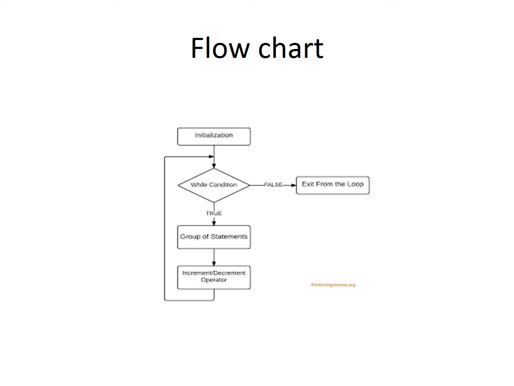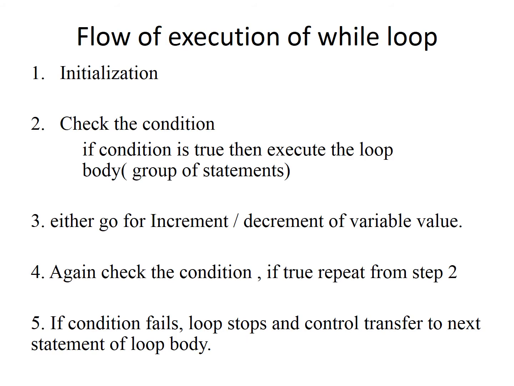After the increment or decrement, again the condition is checked. If the condition is true, the loop body is executed again. The same procedure is carried out. Once the loop condition becomes false, the exit from the loop takes place and control transfers to the next line after the loop body.